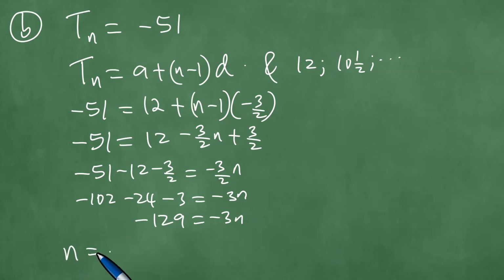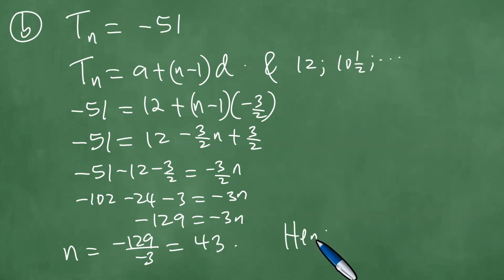Therefore we have n equals minus 129 out of minus 3. What is 129 out of 3? 43. Good.